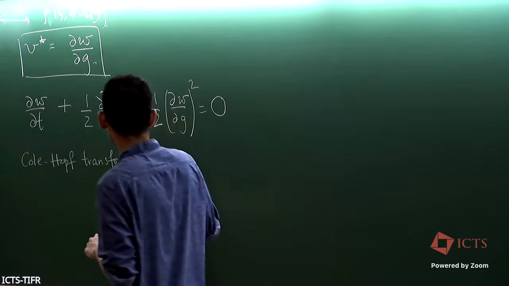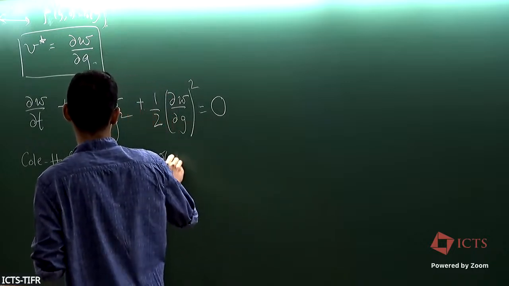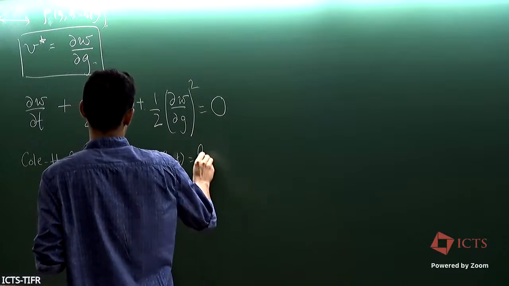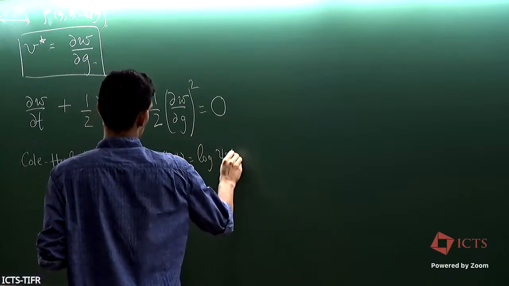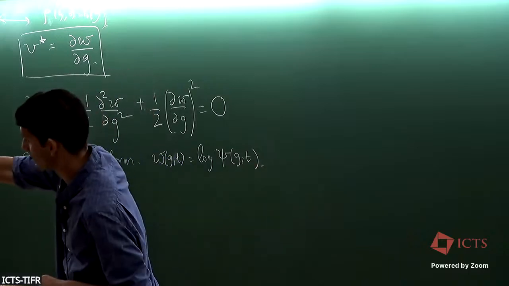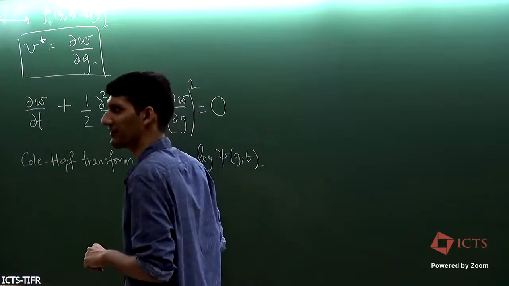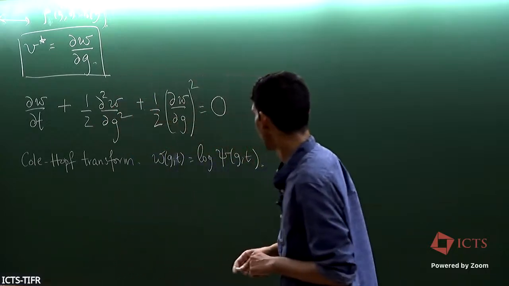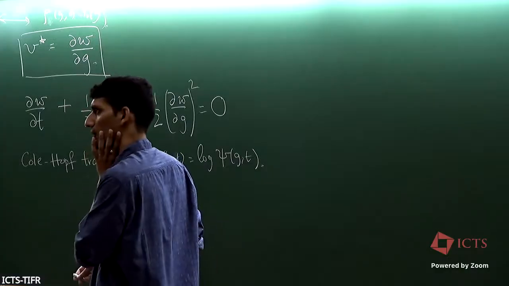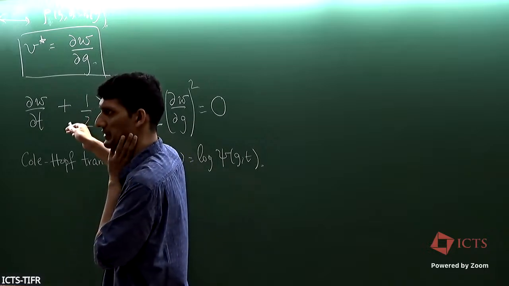Okay, so this transform is quite simple. You're going to set W(G,t) equal to log of some other function psi(G,t). I just realized there's also a psi over there. Before anyone asks, this is a different psi. Okay. Right, so this is the transform that we want. I was planning on going through the math and showing that if you apply this transform, you're going to get something nice here.